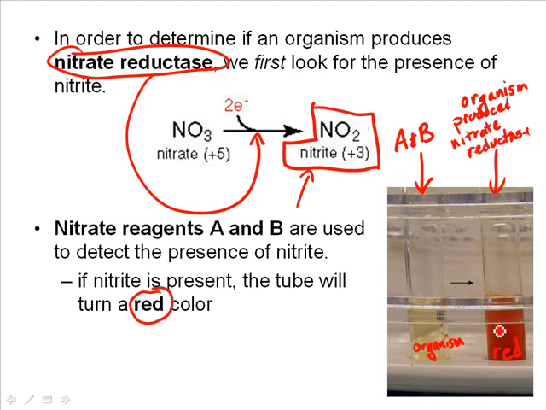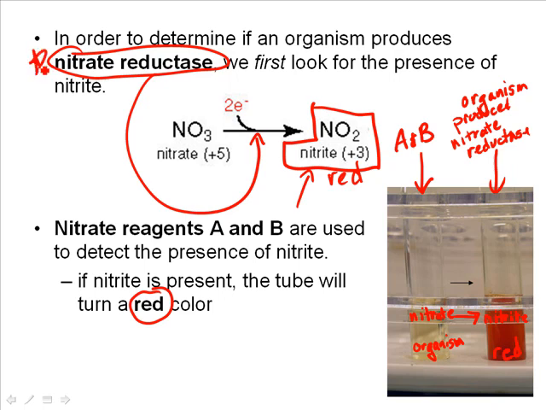And that red color is an indication to me that the nitrate that was present in the tube was converted to nitrite using this enzyme. Alright, that's fairly easy. So you add reagents A and B, it turns red, that means nitrite is present. And if nitrite is present, that means the organism produced nitrate reductase.